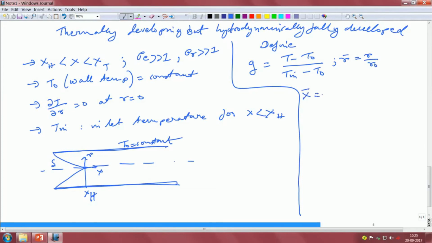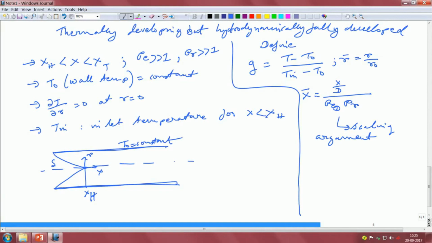For x bar, that is, if you have to non-dimensionalize x, then it is x by D divided by Re_D into Prandtl number. Remember, this scaling now becomes important, which we established just a few minutes ago. This comes essentially from your scaling argument, and it evolved very naturally, because we know that when this was equal to 1, we got to the hydrodynamically fully developed, to the thermally fully developed regime. That was what we actually did.